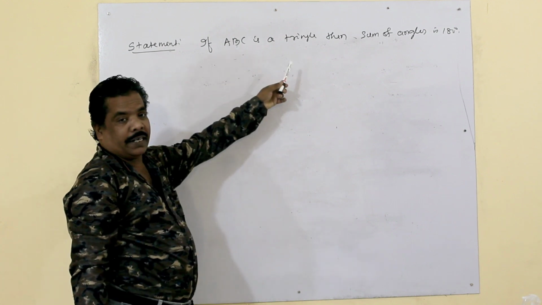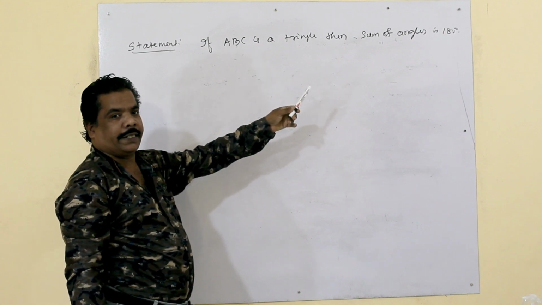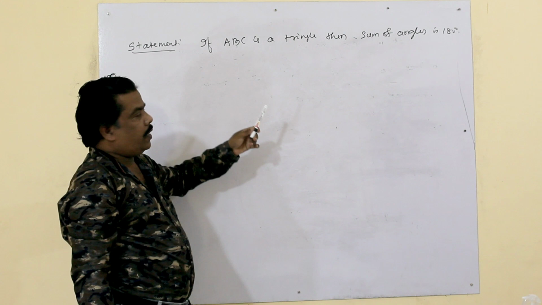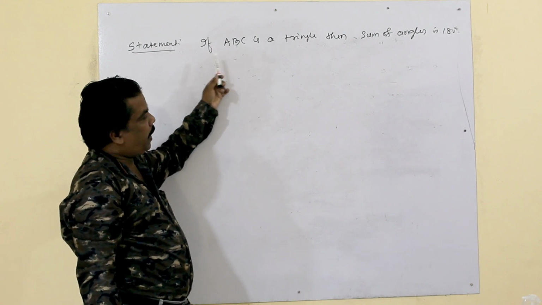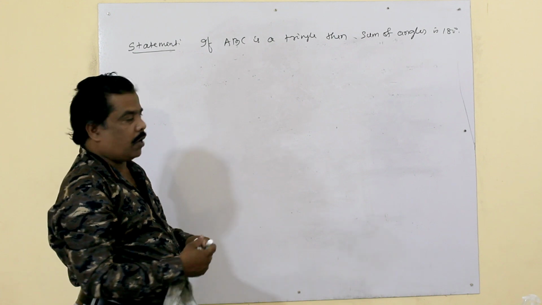ABC is a triangle is P, sum of angles of a triangle is 180 degree is Q. Now it is in the form if P then Q. So the statement is in conditional form.